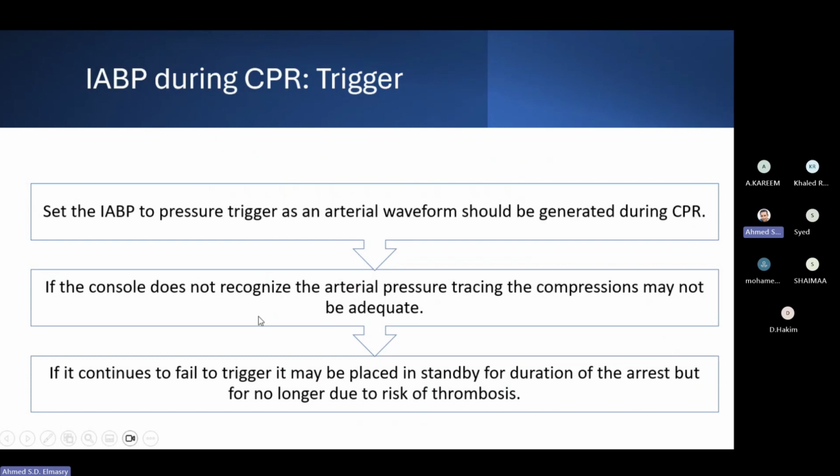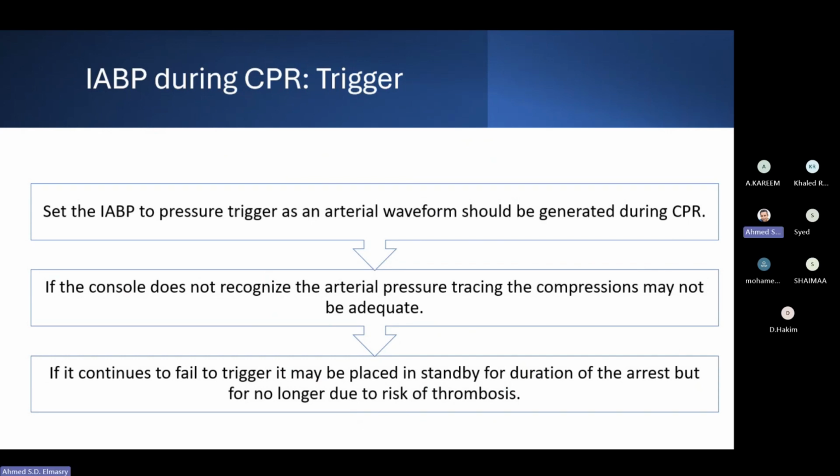In the auto mode, the most commonly used trigger is the ECG, but during the cardiac arrest, you will lose the coordinated electrical activity. So you have to convert from the ECG trigger into the arterial pressure trigger.